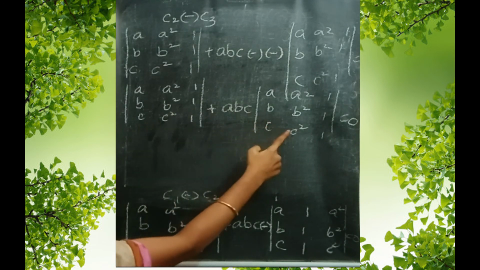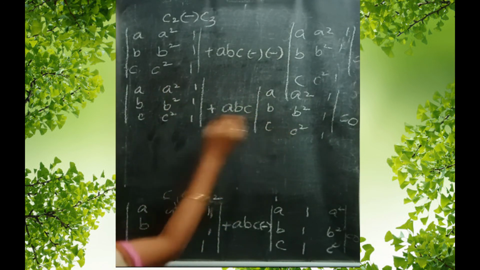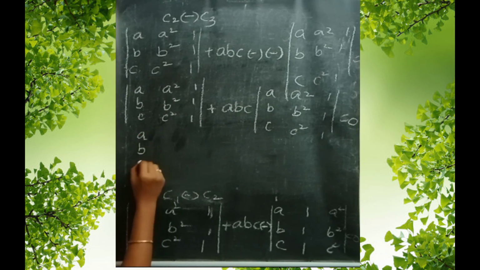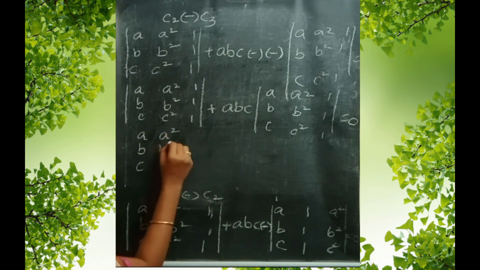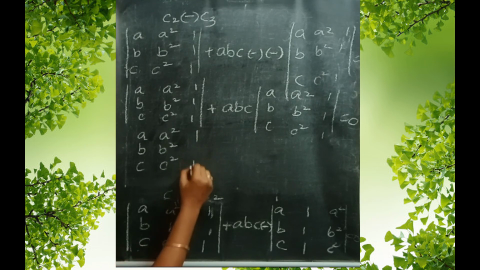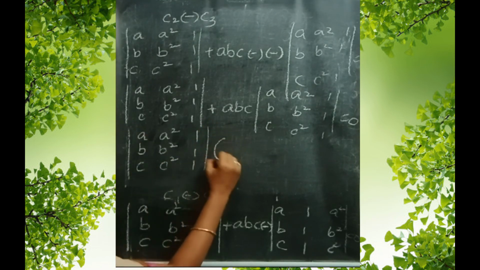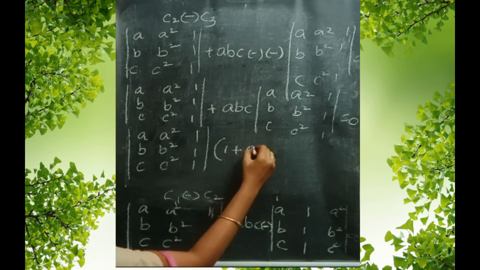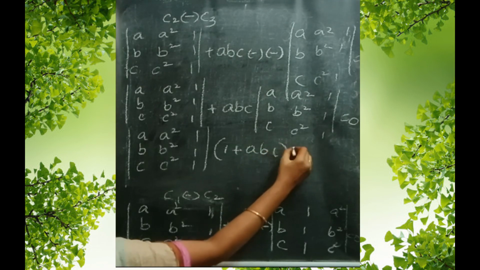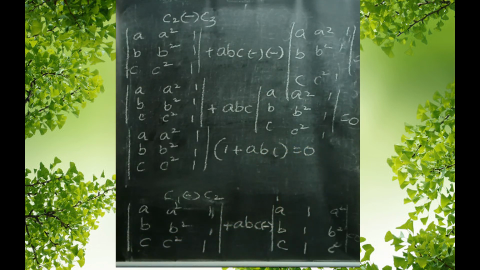Now take this common. So the common determinant is A, B, C, A square, B square, C square, 1, 1, 1, and the remaining factor is 1 plus ABC equals 0. In the question they said a condition: this determinant is not equal to 0.